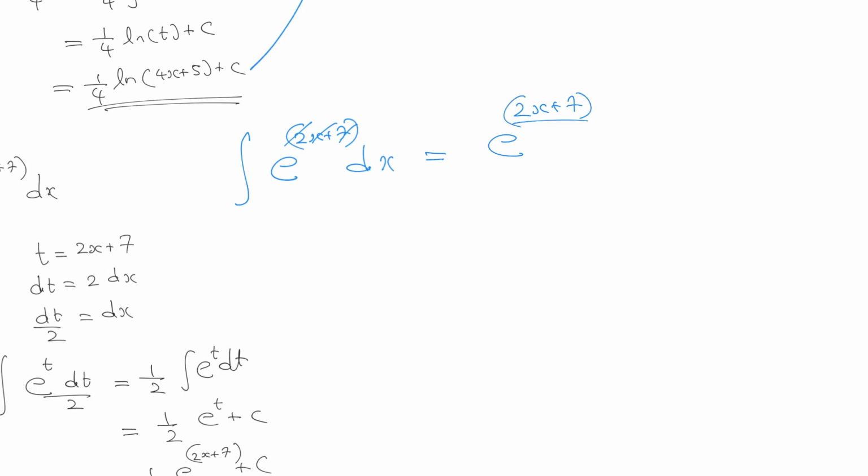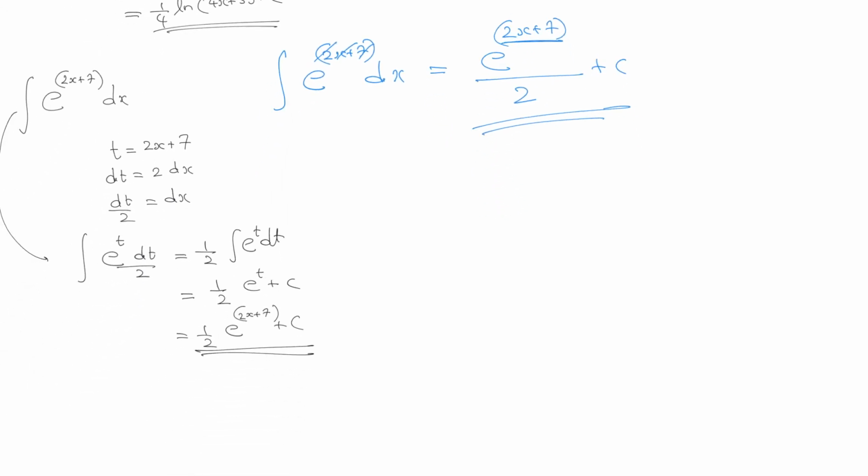Now we have to differentiate this term and divide by that value. The differentiation of 2x is nothing but 2, plus constant of integration c. So we can observe that we get this result directly. But just remember that this direct method is valid only if it is a linear function.